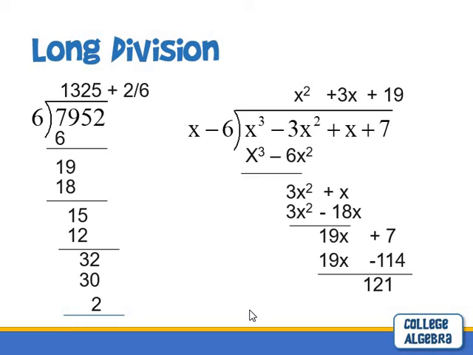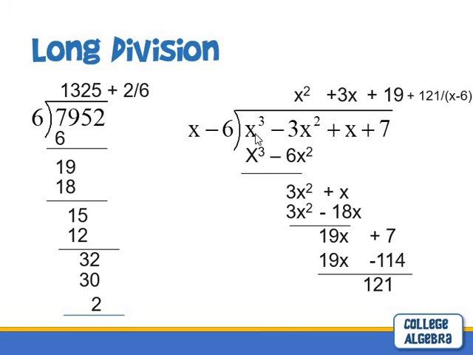Okay. So that's how long division works. Like long division of numbers, it's not the funnest thing to do. It's kind of tedious. But it's a process we need to know how to do, and we just take our time and do it carefully. On the answers to these, you could express your quotient as x squared plus 3x plus 19. Your remainder is 121.